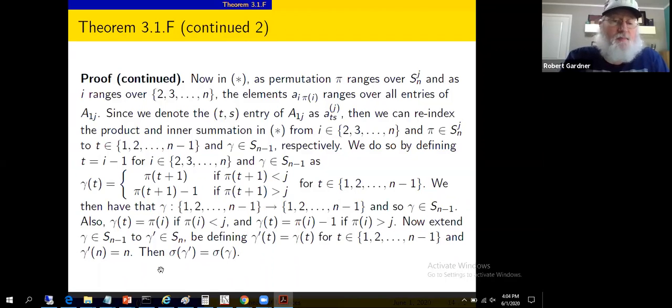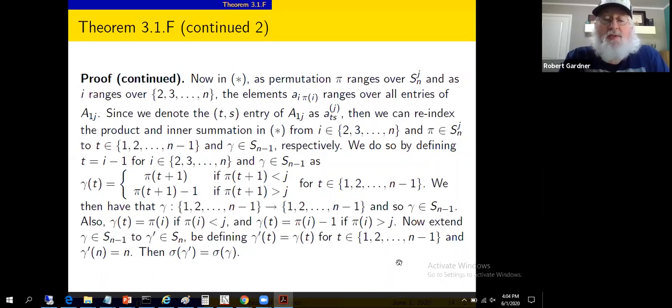To bridge the gap, we're going to define a new permutation, gamma prime, that lies in S sub n. And we'll let it be the same thing as gamma, but I need now to define gamma prime for n. Remember, gamma is only defined on 1 through n minus 1.